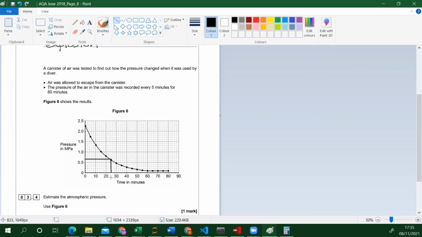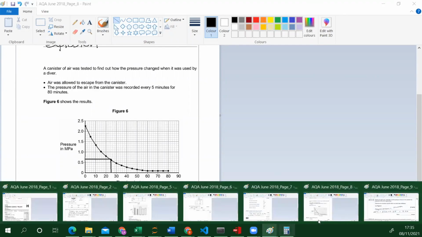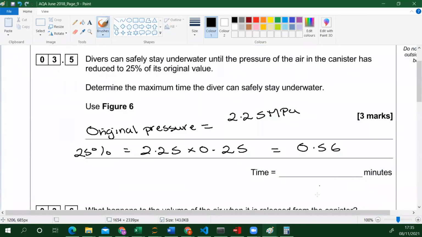Between 20, 22, 24, 26, so about 27 minutes. I can say that because it depends a little bit on how you draw it properly with the pencil and ruler. So 27 minutes.